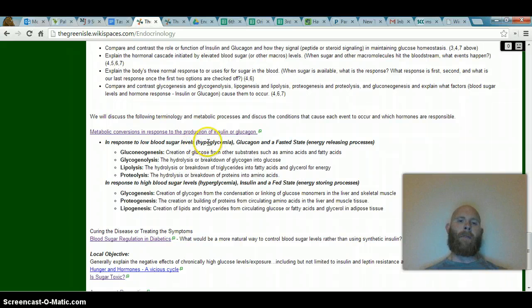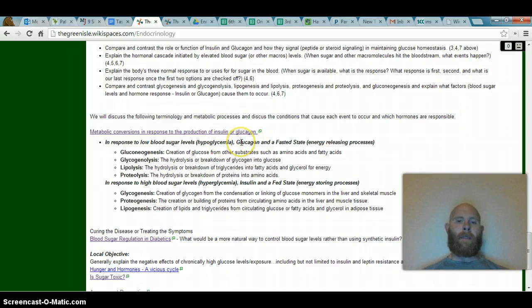The prefix hypo means low or below. Glyce always refers to the glucose or glycogen, and the suffix emia means blood. So if you put all that together, it's low blood sugar. So again, just remember, terminology and vocabulary in science is a lot of times a hodgepodge of prefixes and suffixes all squished together to create new meaning. So this is no different.